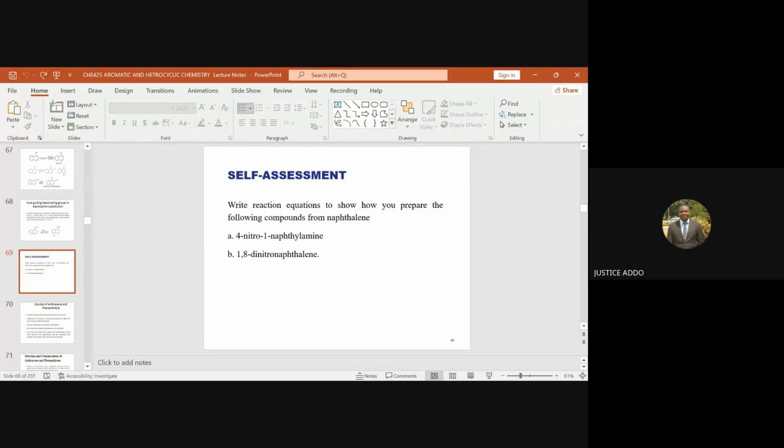So my advice is that in a question like this, you have been given the starting material and the product. So you write the starting material structure down, then the product, and then you work towards it. It's not always that I will give you the structure to name. Sometimes I can give you the name, as you can see here, and ask you to draw the structure too. So take note of that.